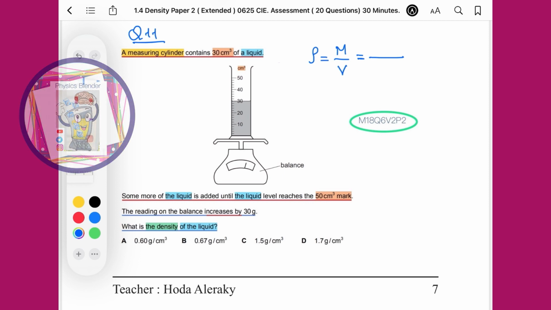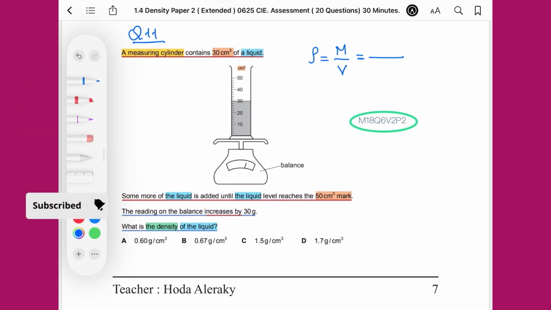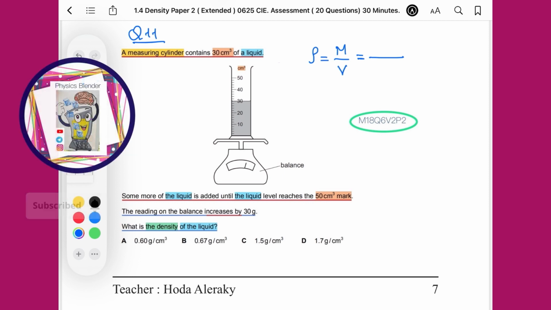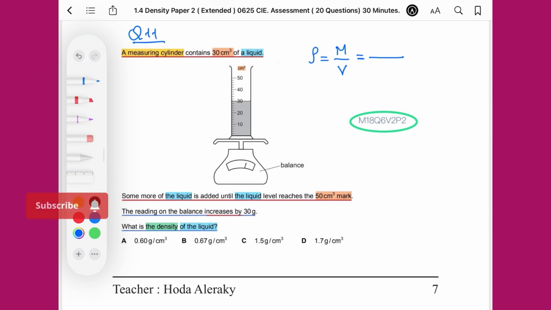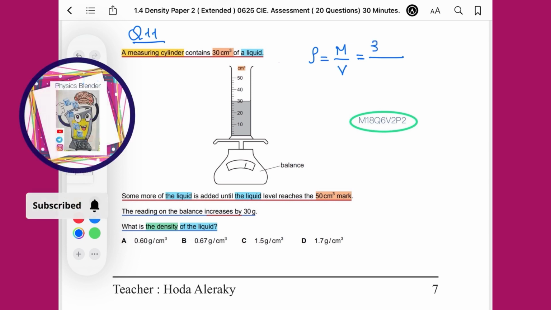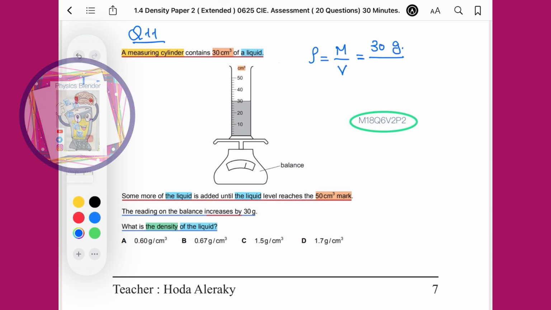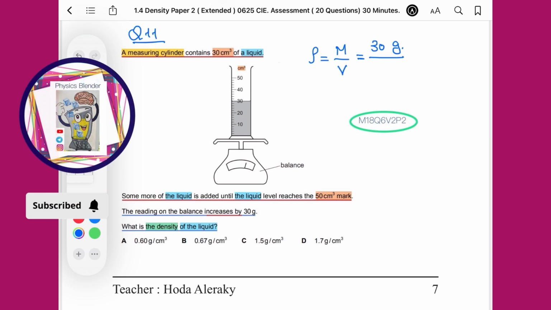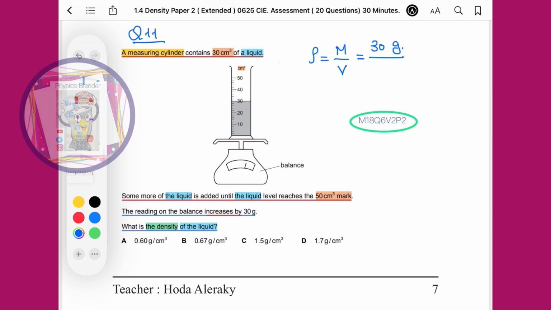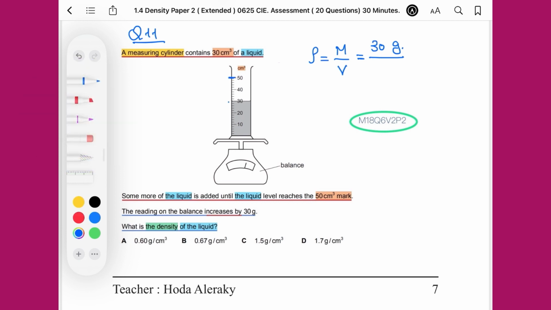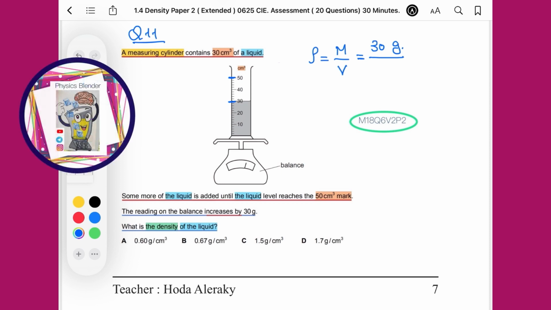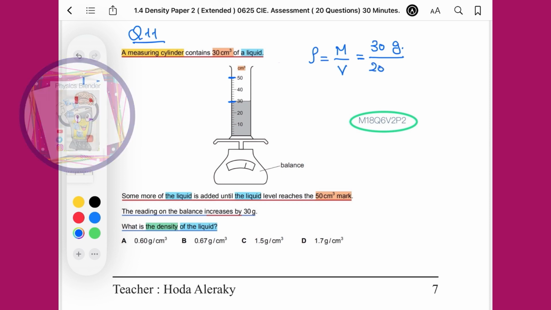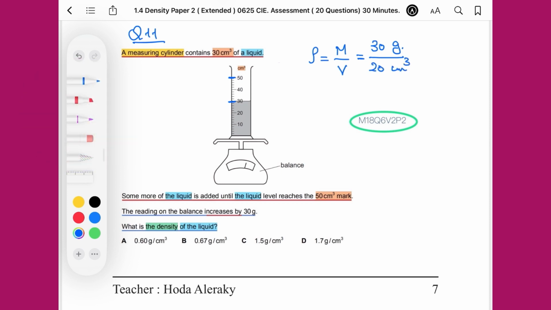So you will substitute here the mass of this added liquid, which is 30 grams, and the volume of this added liquid, which is the difference between reading 50 and reading 30. So it is 20 cubic centimeters.